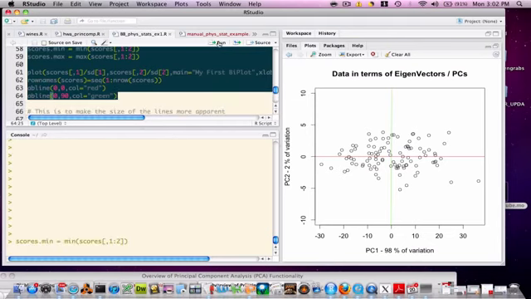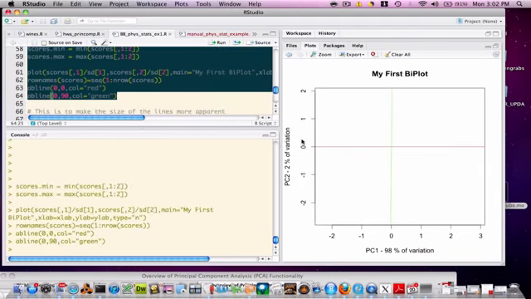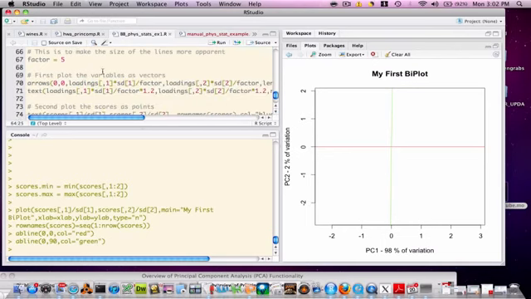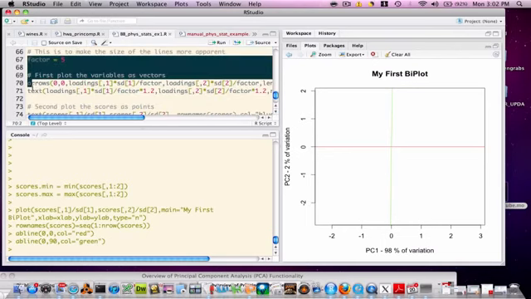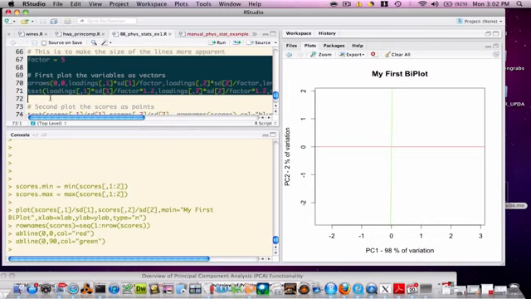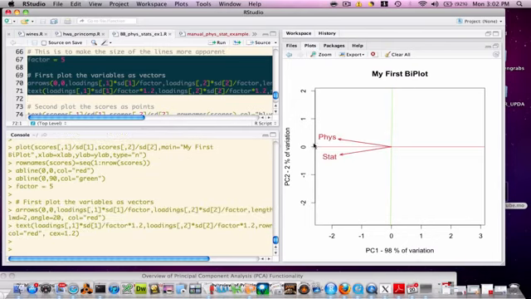So the first thing I do is plot the axis. The red corresponds to the first principal component, the green corresponds to the second principal component. Alright, so in this case I'm going to plot the variables as vectors. We can see here that we have two vectors, each corresponding to the variables in our data set.